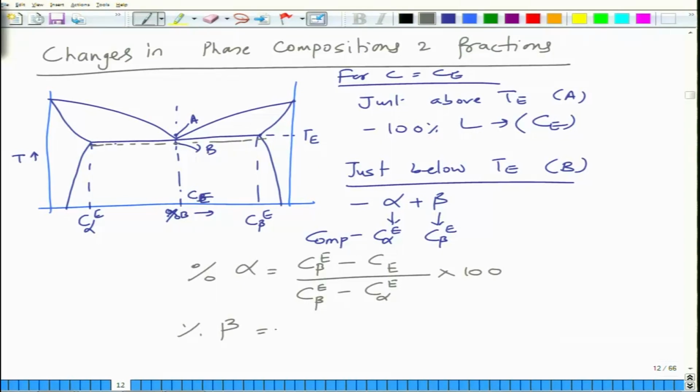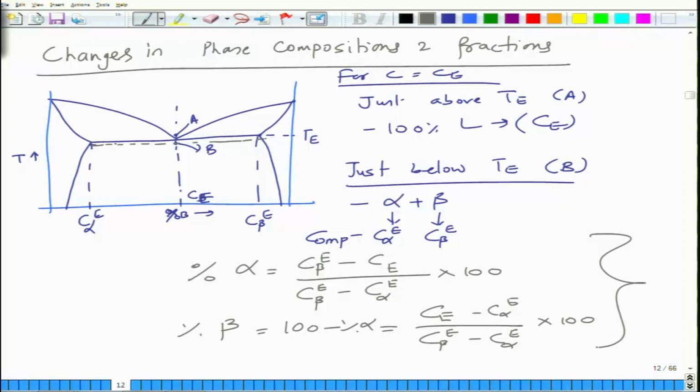Similarly, percentage beta will be equal to 100 minus percentage alpha, or CE minus C alpha E divided by C beta E minus C alpha E, into 100. So this is how you determine the proportion of alpha and beta phase in the eutectic when you have 100% eutectic mixture.